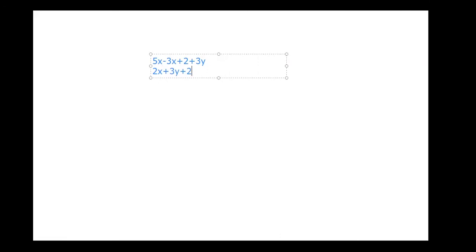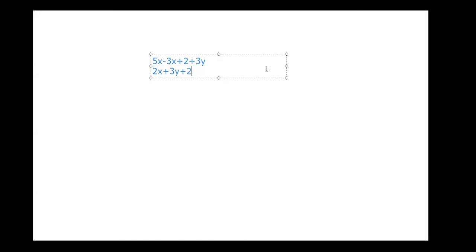And that's all we can do with that. That just stays there because we have an x, a y, and then we have a 2. The 2 has nothing attached to it, so we can't attach that to anything else. And that's as far as we can go with that. But what we did was we took the likes with the likes and we combined them.